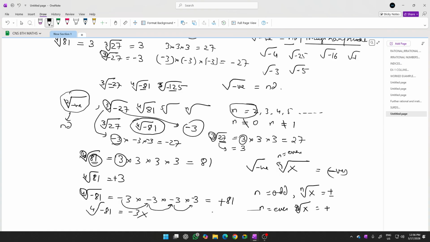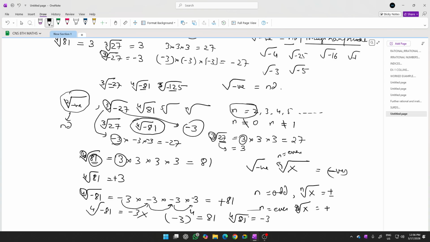Is that clear? So whenever you come across this conversion, minus 3 raised to 4 can be written as 81. This is 81 written in the index form. But if you want to write 4th root of 81 equal to minus 3, this will not be possible. 4th root of 81 is not minus 3.